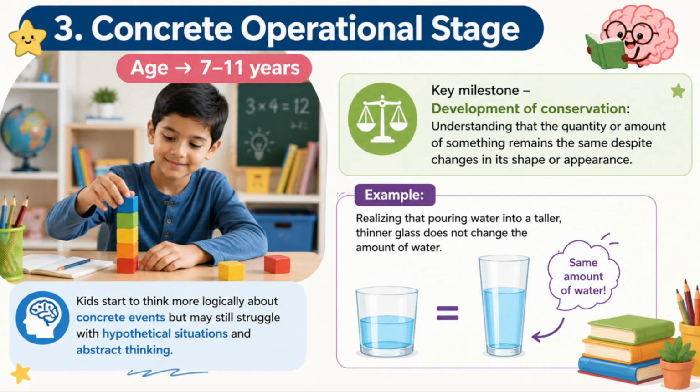The key milestone in this stage is the development of conservation, that is, understanding that the quantity or amount of something remains the same despite changes in its shape or appearance. Here, the child realizes that pouring water into a taller, thinner glass does not change the amount of water.